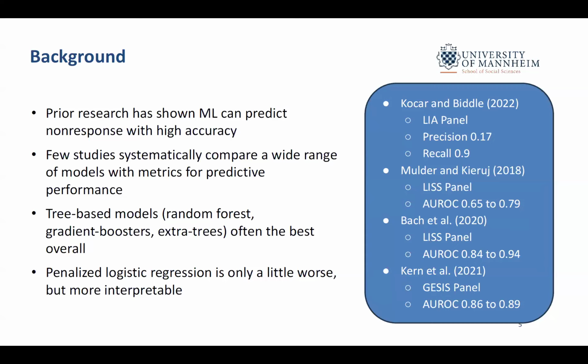However, we feel there is a lack of studies that systematically compare many different modeling approaches using the same set of predictive performance measures and potentially also using different panel studies. So we'll come back to this later on, where we conducted a systematic comparison that looks at combining ML predictions and utilizing them across different panel designs.